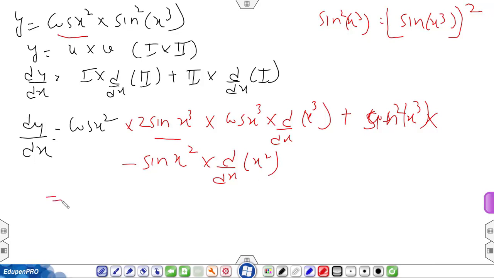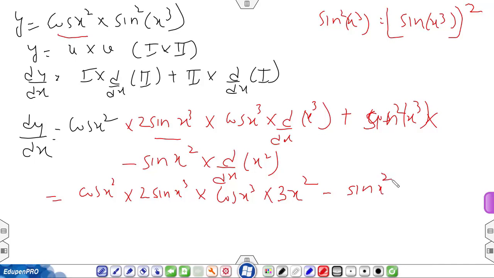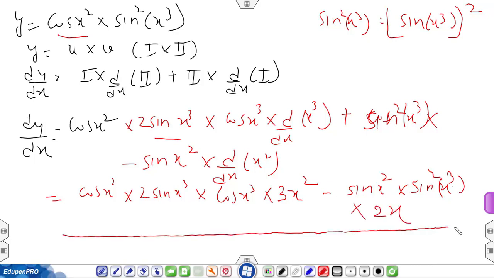From here I will get cos x square, 2 sin x cube, cos x cube, and the derivative of x cube is 3x square, minus sin x square, sin square x cube, and the derivative of x square is 2x. So this is the solution of the fourth question.